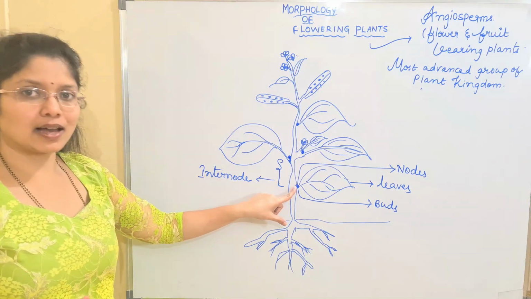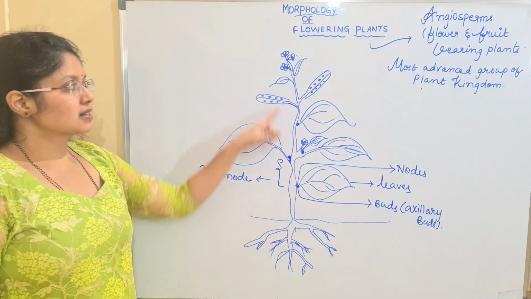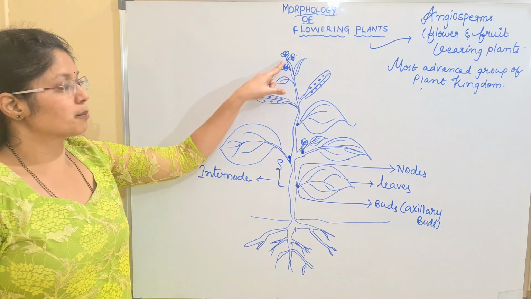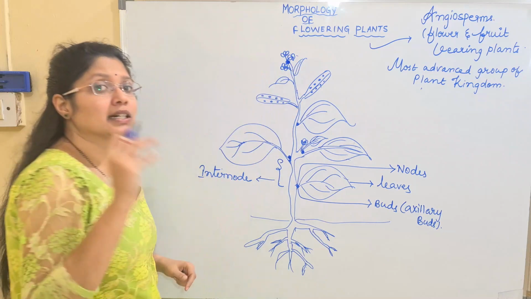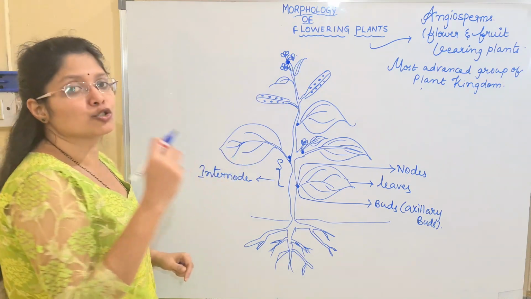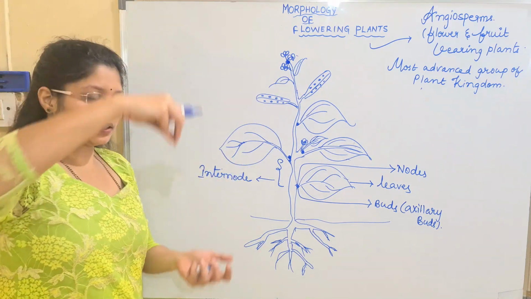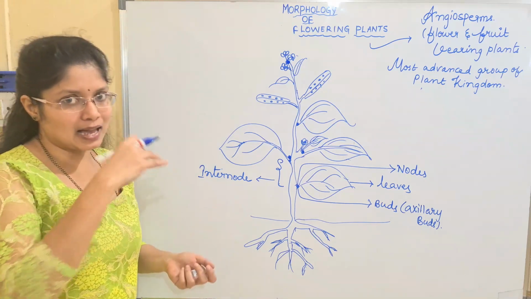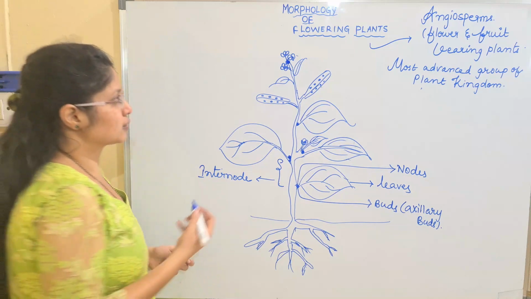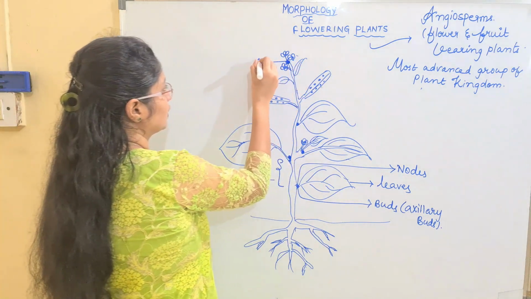Here there will be one bud present at the tip of the plant, and that is known as the terminal bud. If it is present in the terminal region, we call it a terminal bud. If they are present in the axis, we call them axillary buds.